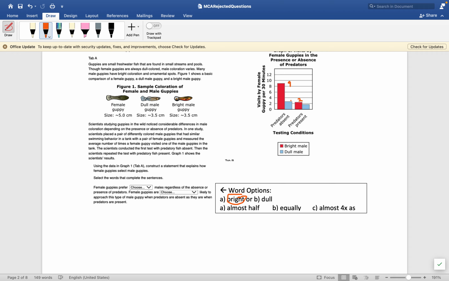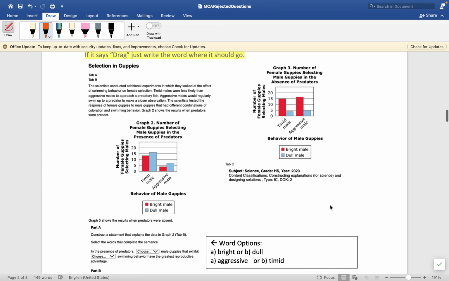It's not quite 3, okay? So female guppies are almost 4 times as likely to approach this type of male guppy. Well, that's roughly 4 times the difference between here and here. So C is the correct answer.